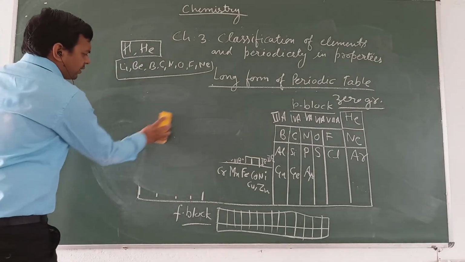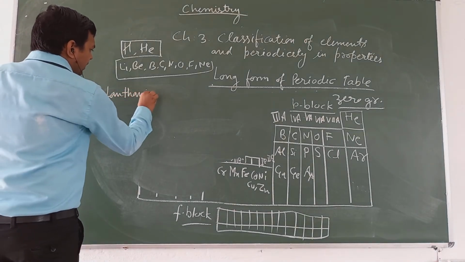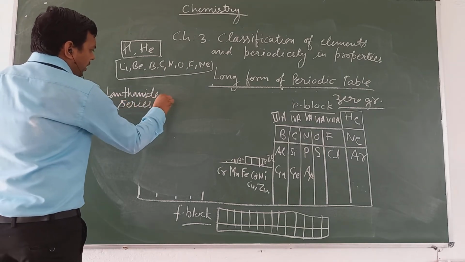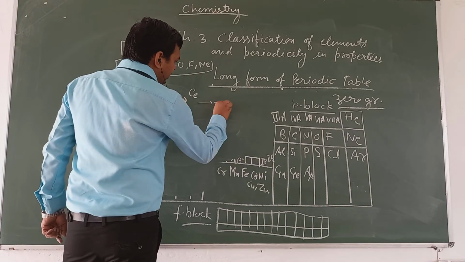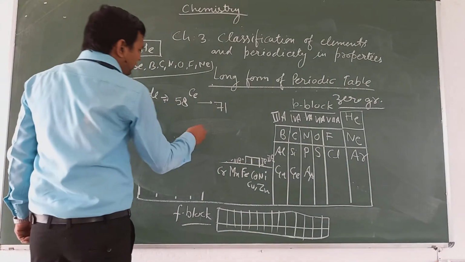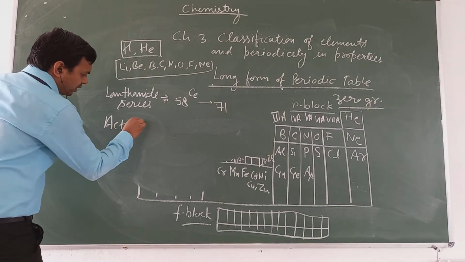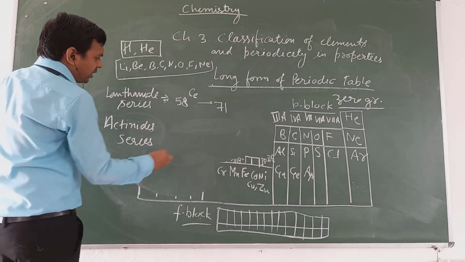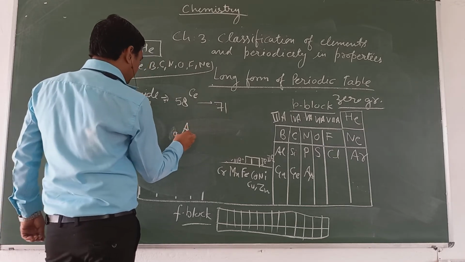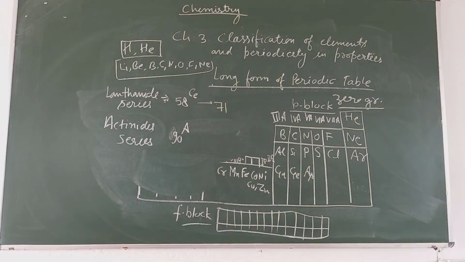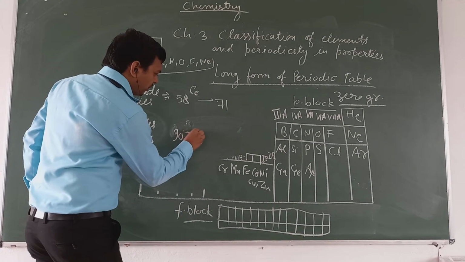The first is the lanthanide series, atomic number 58, that is cerium, to 71. Atomic numbers 58 to 71 are the lanthanide series, and the actinide series begins at atomic number 90, actinium, and goes up to 103.